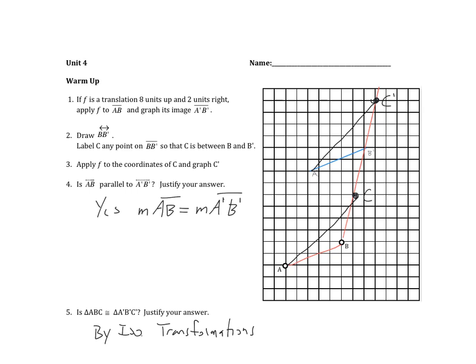So all these distances should be equal. So we know that triangle ABC is congruent to triangle A prime, B prime, C prime. I'll just mark these off for everyone to see. And that's by side, side, side.